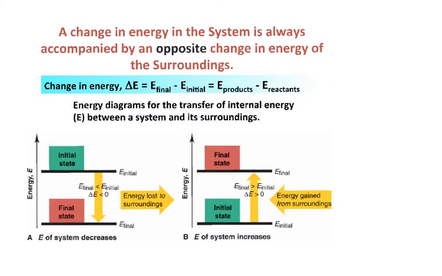Okay, so since we're interested in the change in energy of a system in chemistry, it's helpful to orient ourselves and think about what that change might look like. So we've defined internal energy, E, in class.